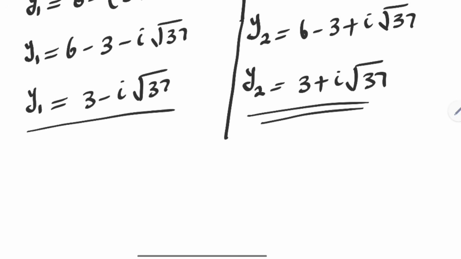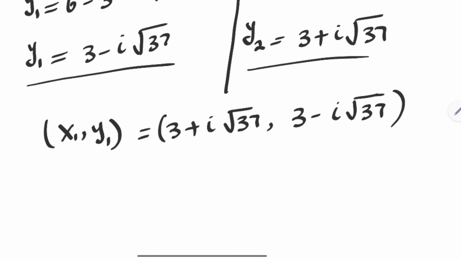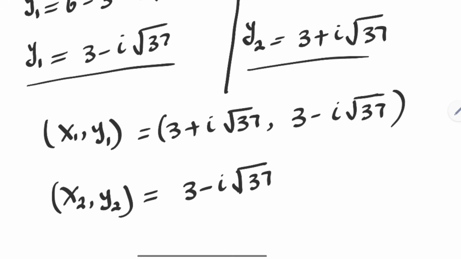Therefore, our final answers are x1, y1 is equal to 3 plus i root 37, 3 minus i root 37. x2, y2 is equal to 3 minus i root 37, 3 plus i root 37.